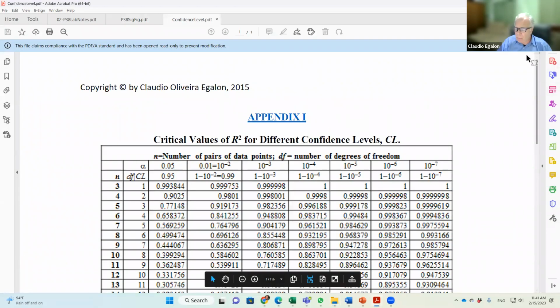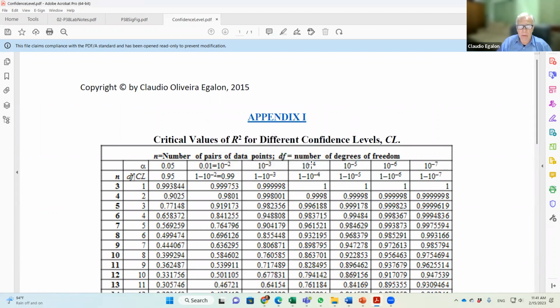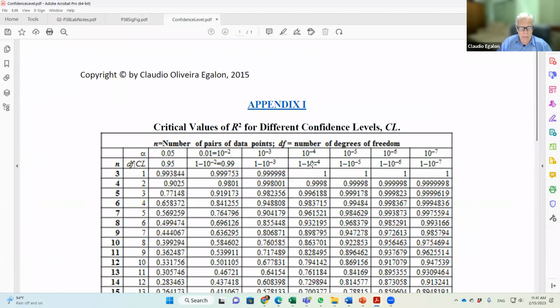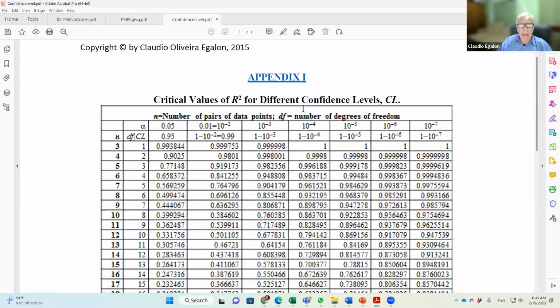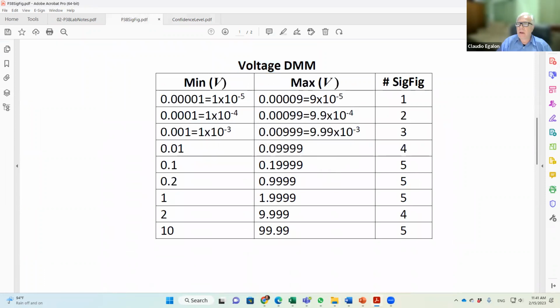And then I will walk you through 11.4. Let's do the confidence level first. You know what? Let's do the significant figures first, and then we do the confidence level afterwards, okay? Let's do it this way. So I'm going to give you an idea how to get the right significant digits there.